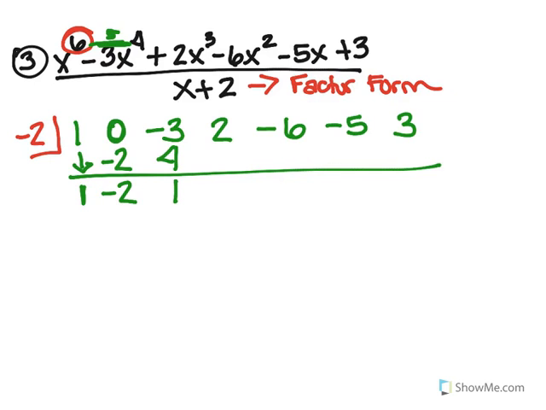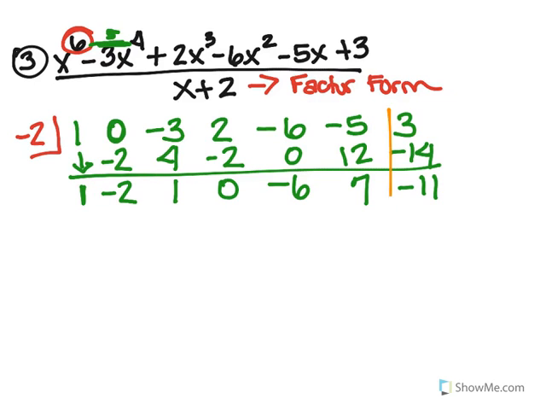Negative 2 times 1 is negative 2. Plus 2 is 0. 0 times negative 2 is 0. Minus 6 is negative 6. Negative 6 times negative 2 is positive 12. 12 minus 5 is 7. 7 times negative 2 is negative 14. Plus 3 is a negative 11.